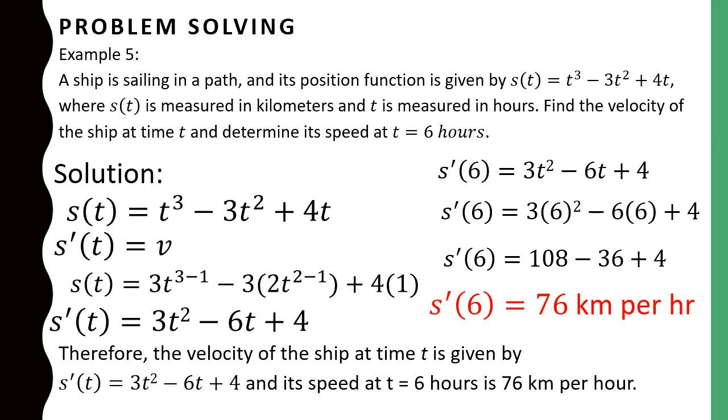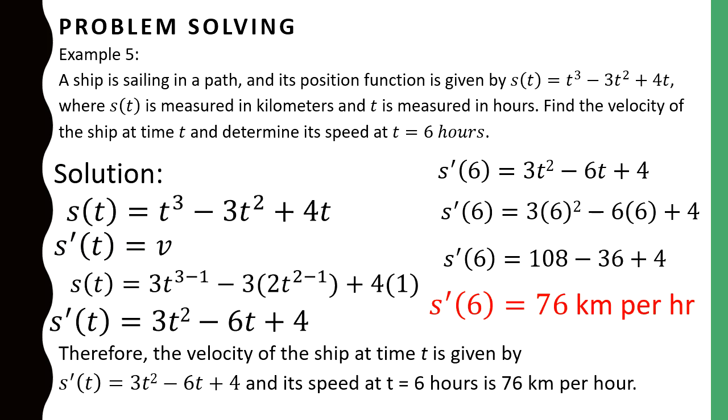Therefore, the velocity of the ship at time t is given by s prime of t equals 3t squared minus 6t plus 4, and its speed at t equals 6 hours is 76 kilometers per hour. I hope this is all clear to everybody.